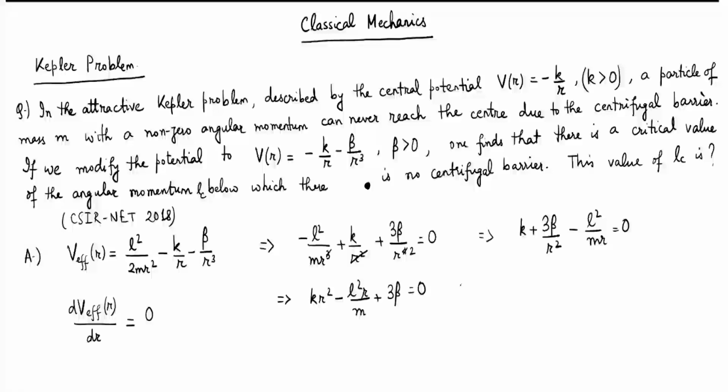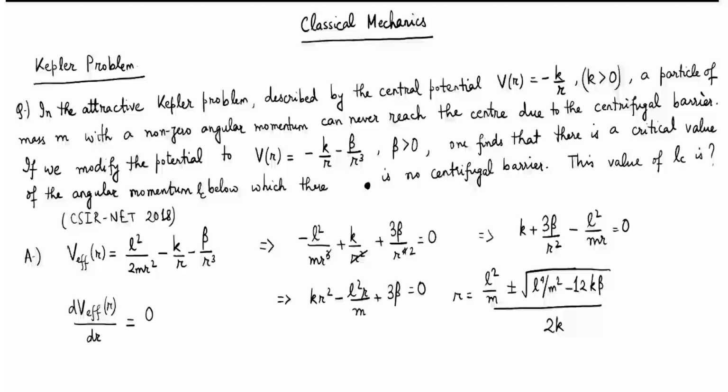Now you see, this is a quadratic function of r, so this will give two values of r. Using the quadratic formula, r equals L square by m plus minus root of b square minus 4ac, that is L to the power 4 by m square minus 12 k beta, by 2k.